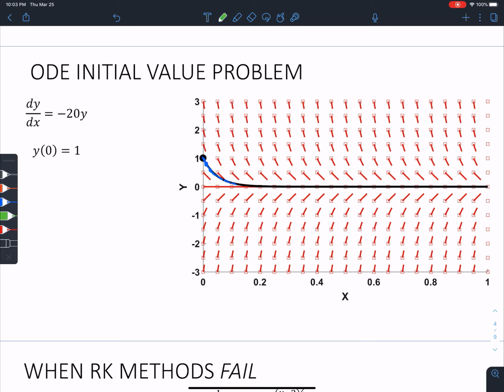So the whole point is we have to use small time steps. Of course, we're using time here, but really the variable is x, so I could have written small spatial steps, but it's small steps in the independent variable.